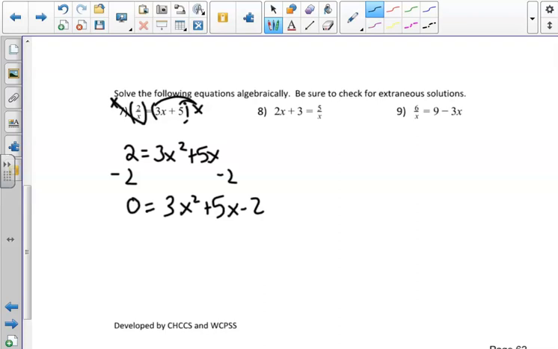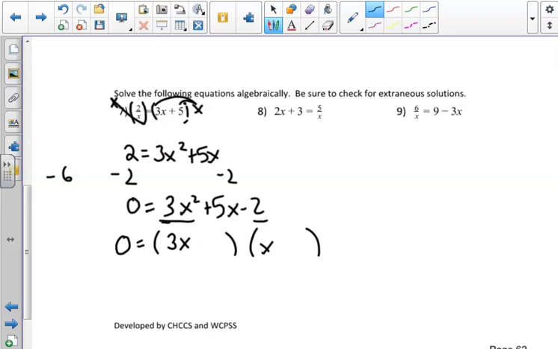Recall to factor this, we can multiply a times c, which would be -6, and we need two numbers that multiply to -6 and add to 5. We already know that our two values in our parentheses would be 3x and x, so that they multiply to 3x squared.